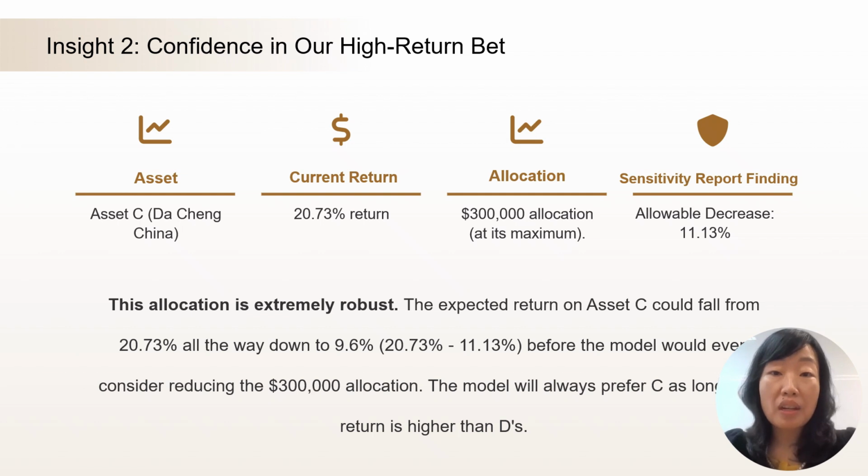What this means is our forecast for SSC would have to be wrong by a huge margin for this decision to change. Its return would have to fall all the way from over 20% down to 9.6%, the same as SSD, before the model would even consider reducing that 300,000 allocation. This shows our allocation is extremely robust and not based on a fragile forecast.